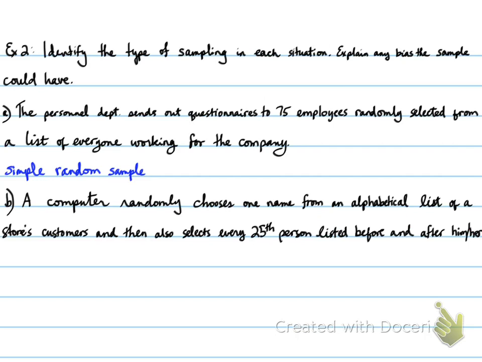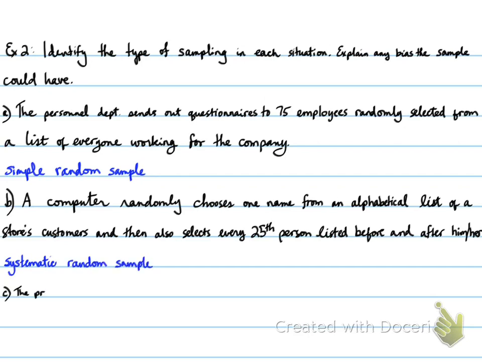Well, it doesn't sound like it was put into groups, folks, and it isn't. What happened is you randomly pick someone from that list and you ask every 25th person before and every 25th after. So there's a system to this, and that's right. This particular type of sampling indicates a systematic random sample.